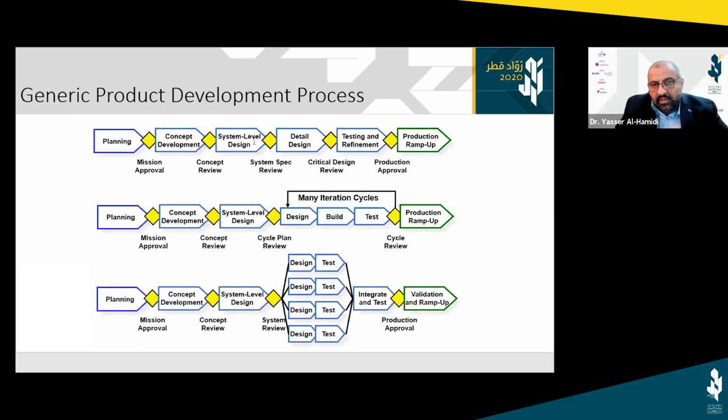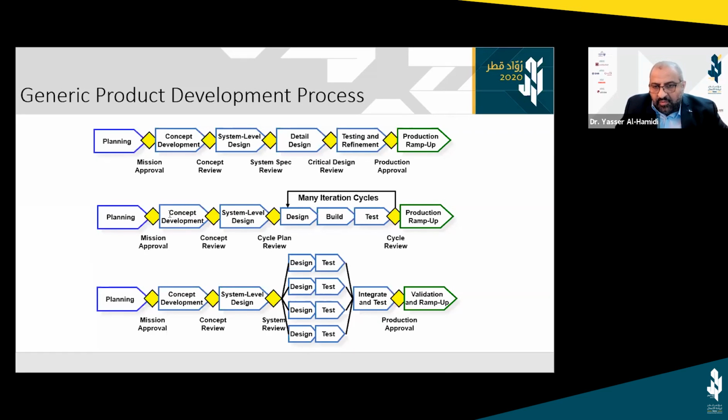The one on the top here is the one which we usually use for generic type of products. This one is used to develop, let's say, market pull technology or technology push products or platform or process intensive or even customized and high risk products.